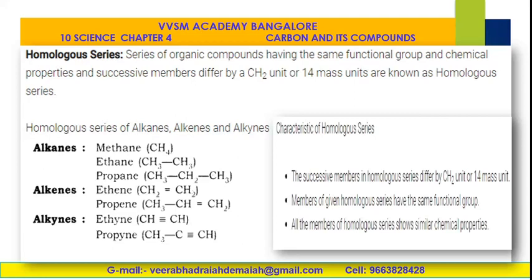Alkenes have a double bond, alkynes have a triple bond. Similarly, the alkyne series is the homologous series of triple bonded compounds: ethyne, propyne, butyne, pentyne.